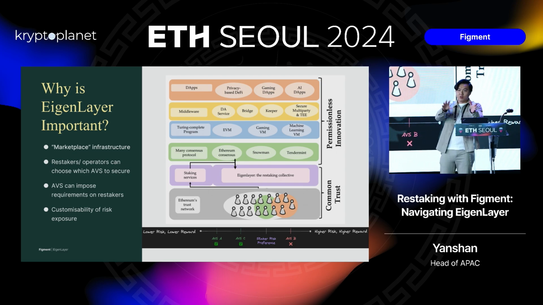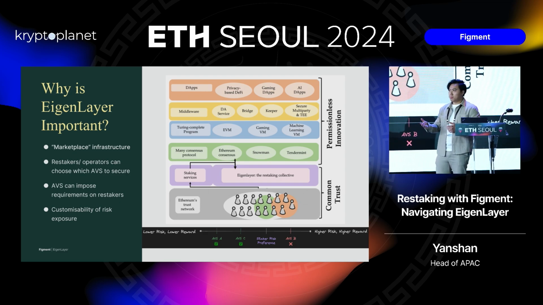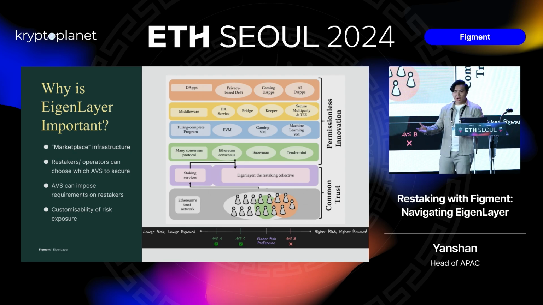And also, on the AVS side, on the other hand, you guys also have the ability to choose what type of restakers participate in your consensus, right? Perhaps, let's say, you want a particular restaker to have a particular soulbound token, or be based in a certain location, or even just to have some kind of verifiable credentials. That is possible, right?